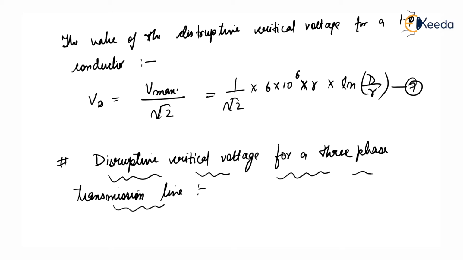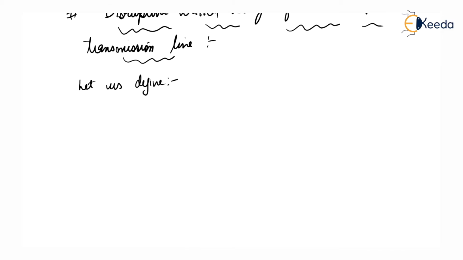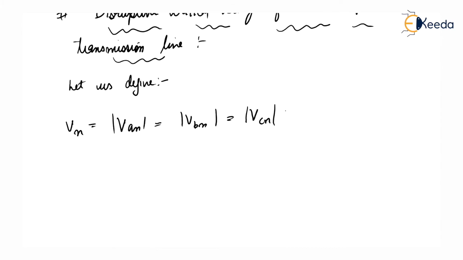Let us define Vn equal to Van, Vbn, Vcn. The magnitudes are the same. This is equation number 8.